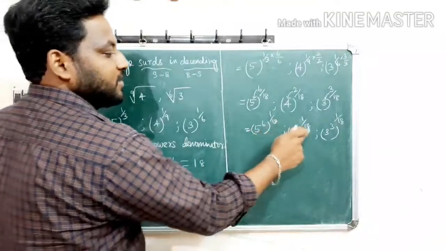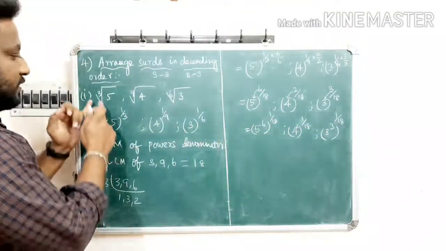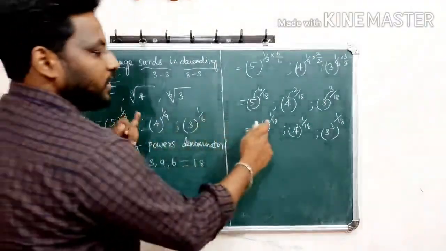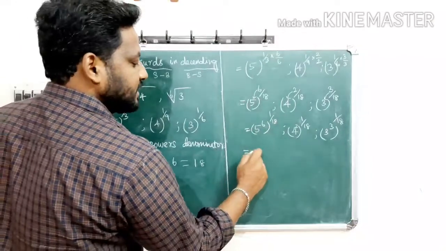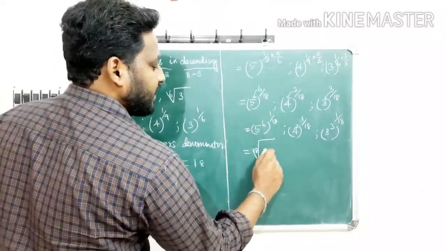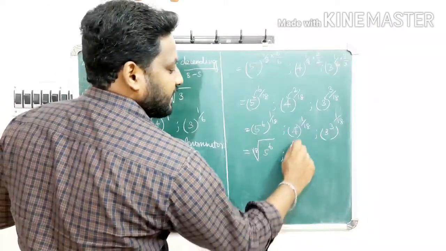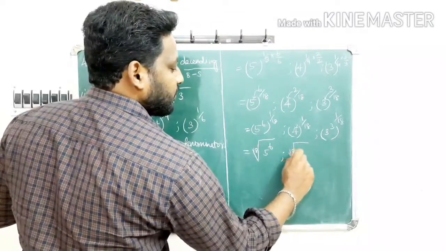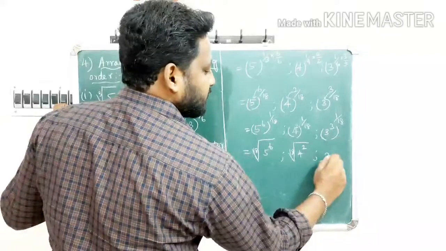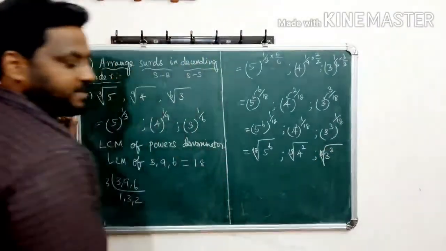Now the power 1 by 18 is common. Just as the cube root is written as 1 by 3, 1 by 18 is written as the 18th root. So we get the 18th root of 5 power 6, the 18th root of 4 power 2, and the 18th root of 3 power 3.